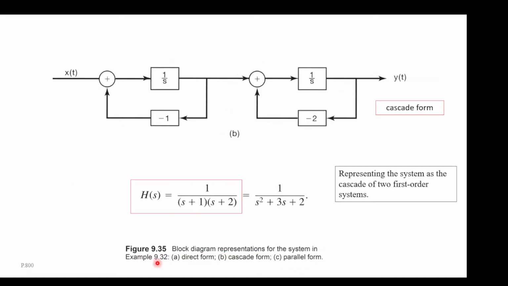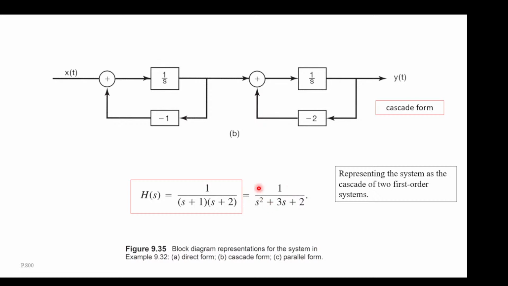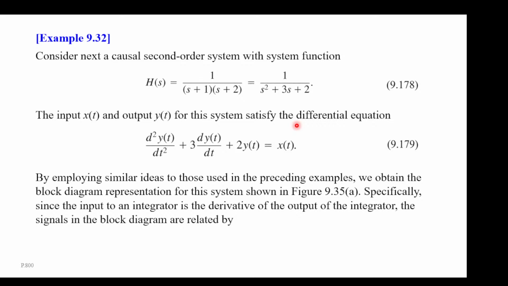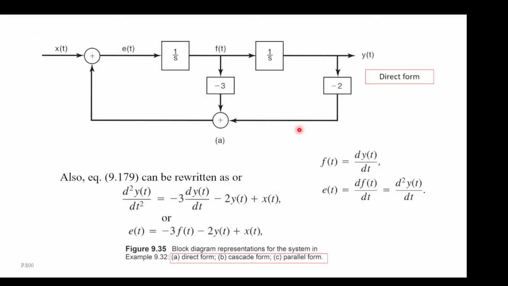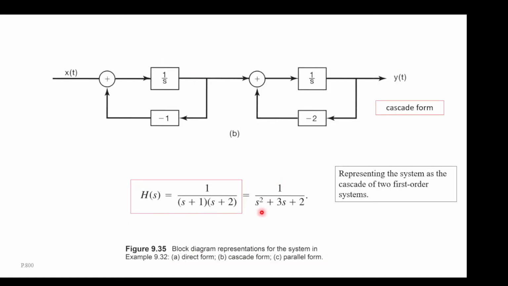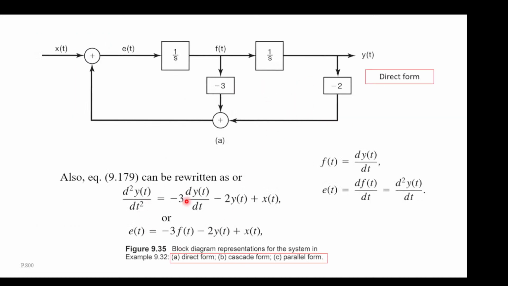So cascade form is that you basically need to do some algebraic manipulation on your rational function, and I guess these diagrams are all for systems corresponding to differential equations, so they have rational H of s. So here we just multiply everything on the denominator, and it will give you direct form.